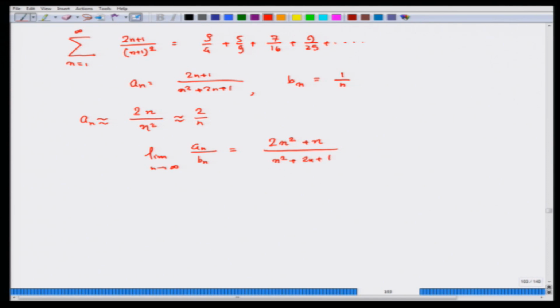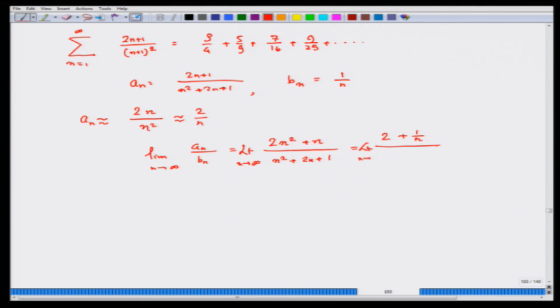So, you divide by n square, here you divide by n square, and take the limit as n tends to infinity.